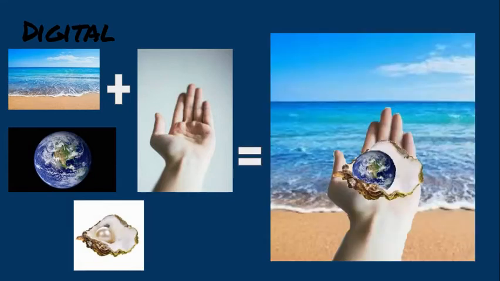I took those, combined them together to create a new visual image using Pixlr, and now the outstretched hand is reaching out with the oyster shell, with the earth sitting as an example of the pearl, and the background is the ocean picture that I found. This is a perfectly acceptable image to present as an image that you created. You're taking multiple images from other resources and putting them together to create a new visual image.